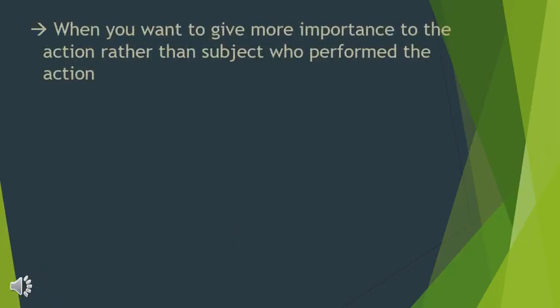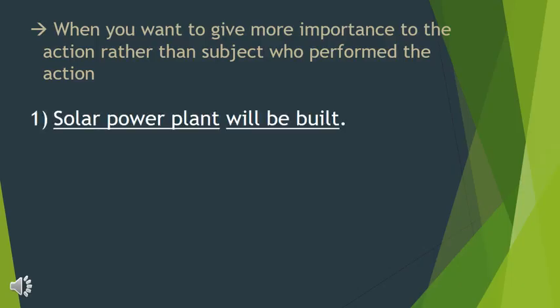The next one is when you want to give more importance to the action rather than the subject who performed the action. For example, solar power plant will be built.